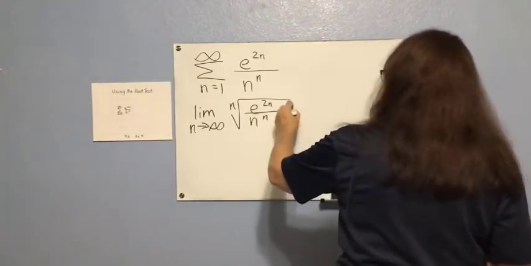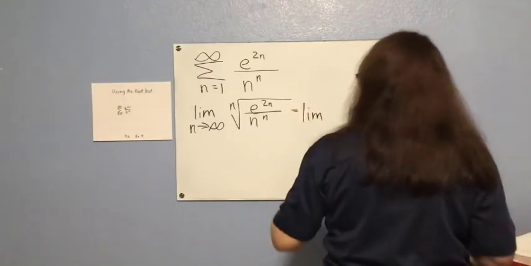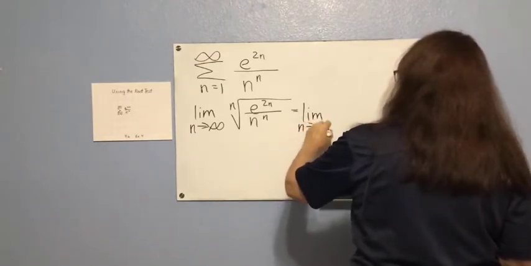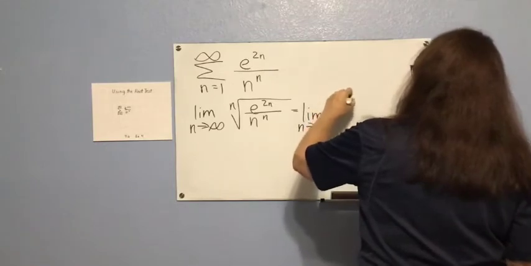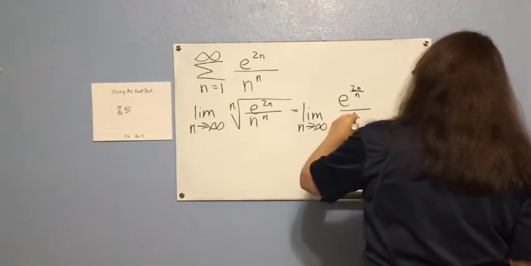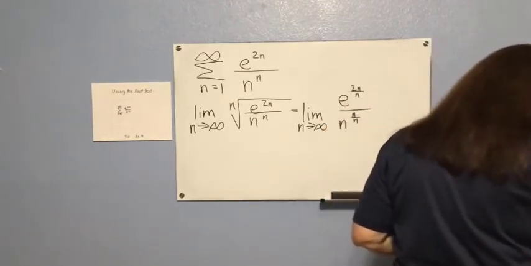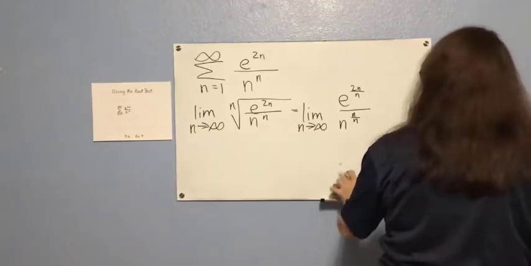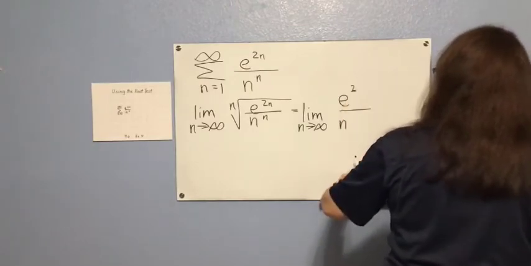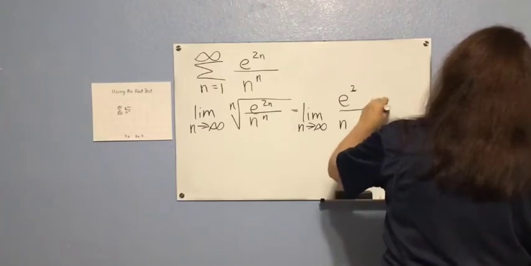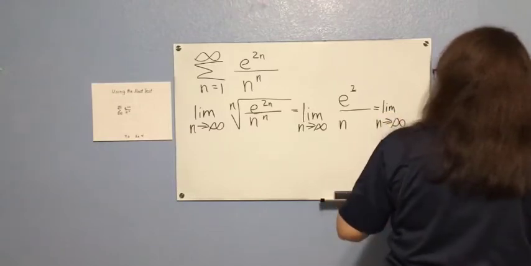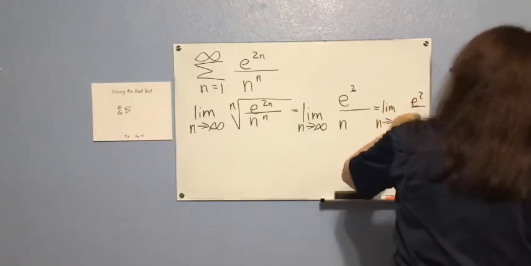So rewriting this with fractional exponents, we're going to have e to the 2n over n divided by n to the n over n. Of course, the n over n cancels out. The n's up here also cancel out. And so I get the limit as n goes to infinity of e squared over n.